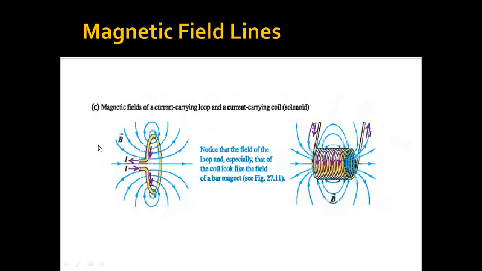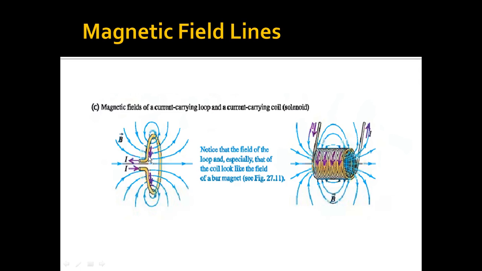Now, as for magnetic field lines produced by current carrying conductors, if you apply the right-hand rule, it would point to the direction of the magnetic field. With the grabbing motion of the right-hand rule, you will be grabbing the portion of the current carrying conductor, pointing your thumb towards the direction of the current.